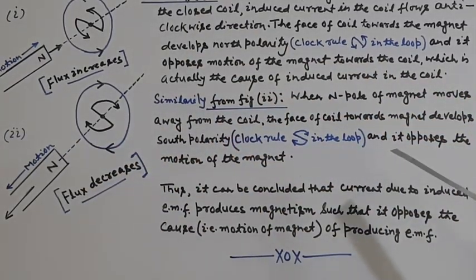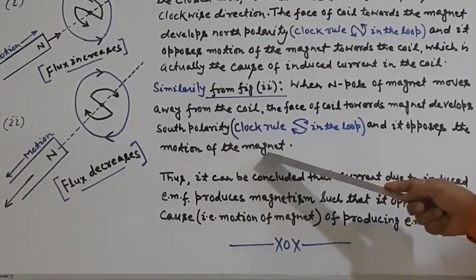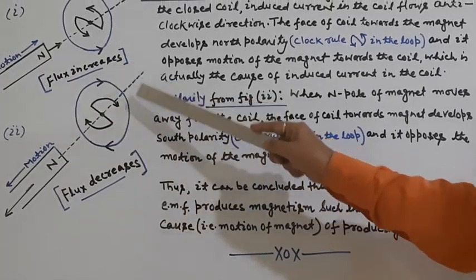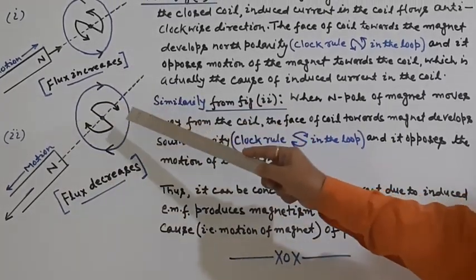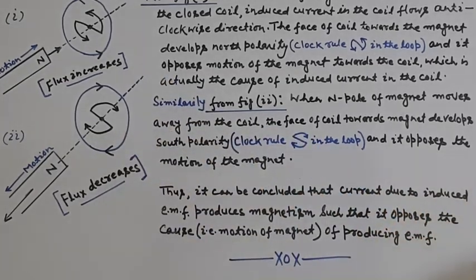So it is written that it opposes the motion of the magnet, and this motion of the magnet is responsible for the induced current produced in this coil. So again, this is Lenz's law.